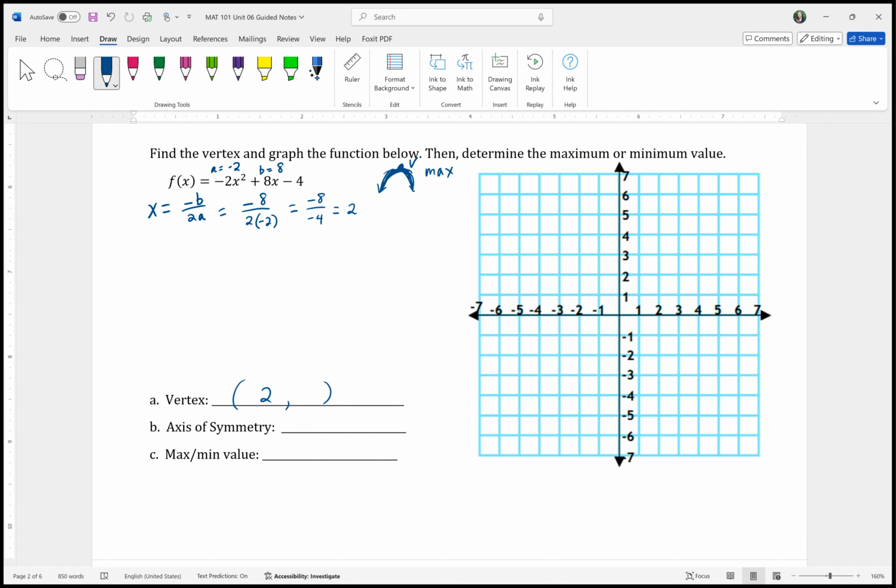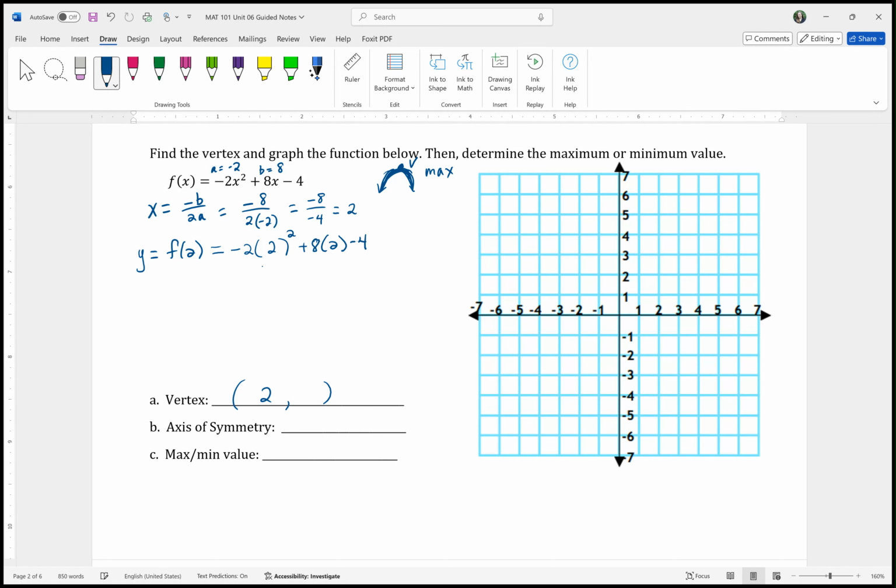How do I find the y value? We're plugging it in. So y is f of 2. And I need you to be so careful because a lot of you missed this when we did previous problems because of the negative signs. This is -2 parentheses 2 squared plus 8 times 2 minus 4.